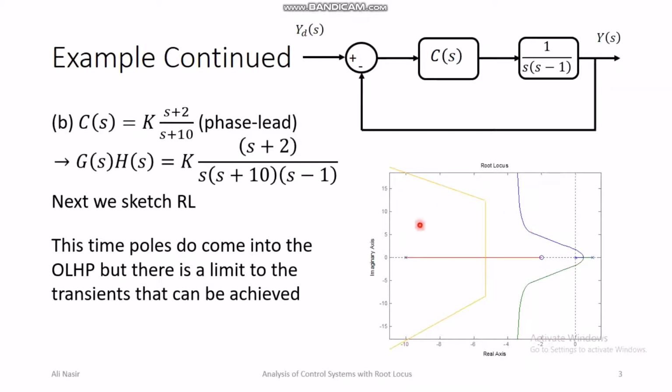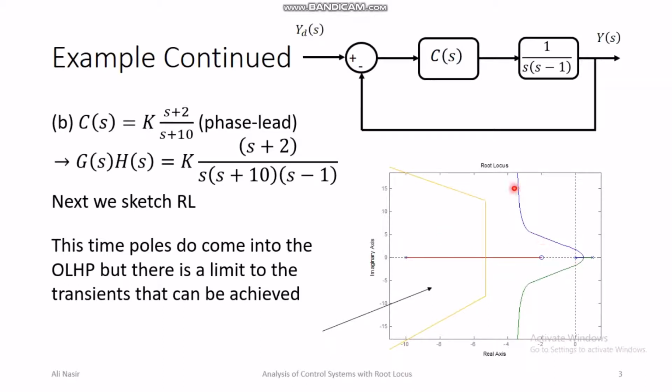for this type of controller it would be quite difficult, although it might be possible by changing the location of this zero and also the location of this pole as well, but the overall shape would remain the same.